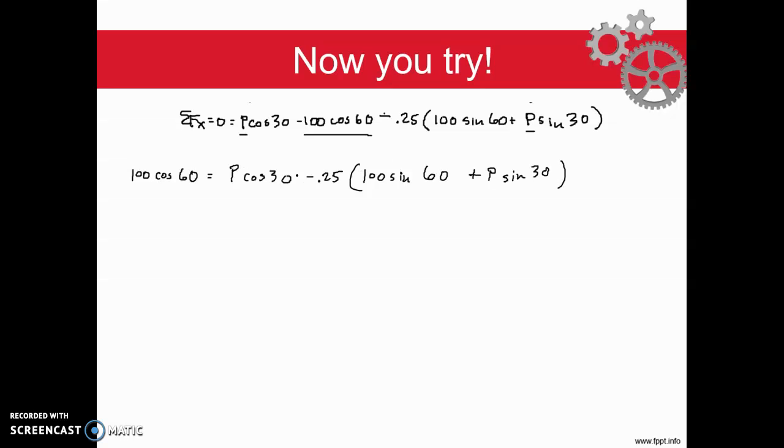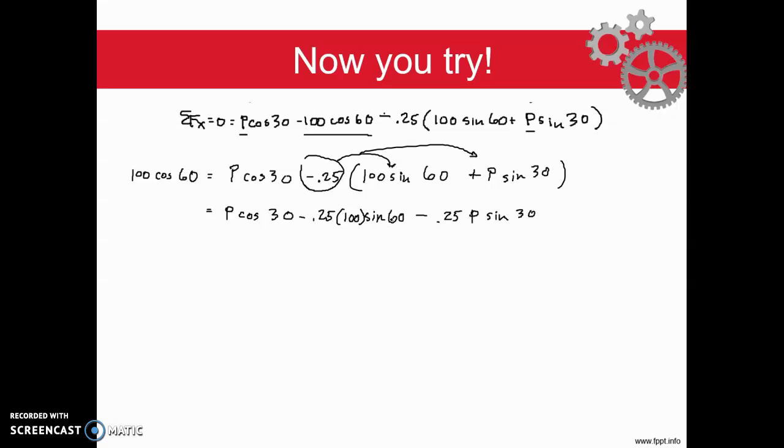So I can distribute the negative 0.25, because I'm going to distribute it both here and here. So this becomes negative 0.25 P sine of 30.